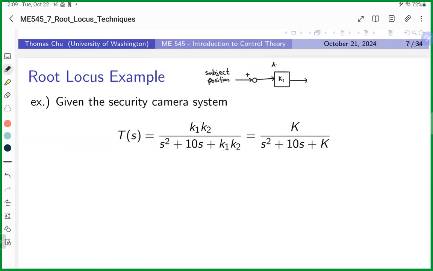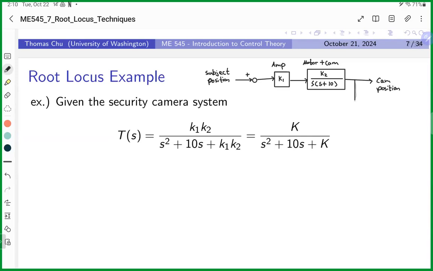K1 is an amplifier, and then K2 is defined as the motor plus camera, which is K2 divided by s times s plus 10. This is a type 1 system because there's one pole at the origin, and the output is the camera position.